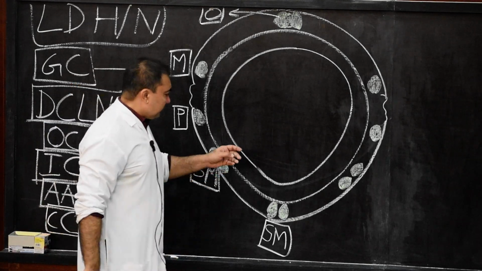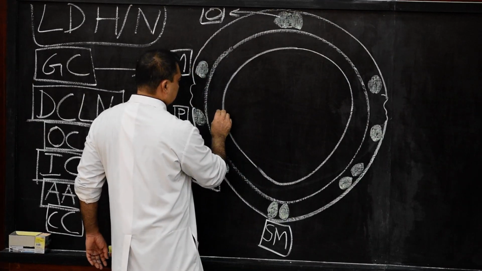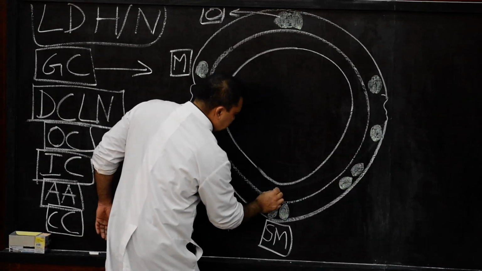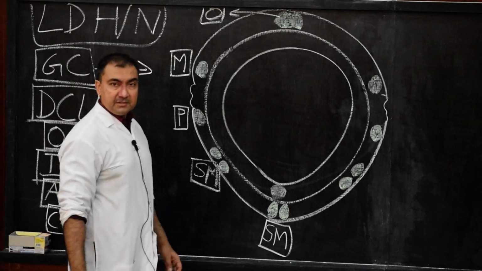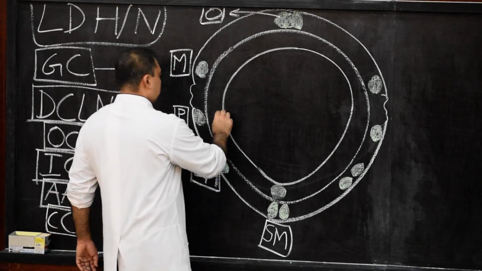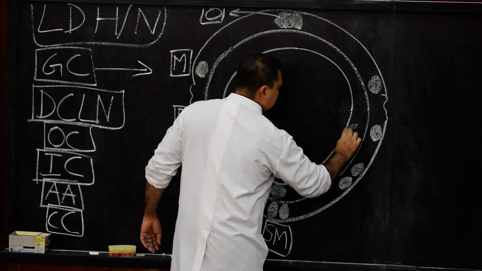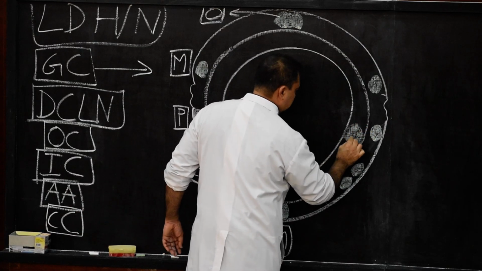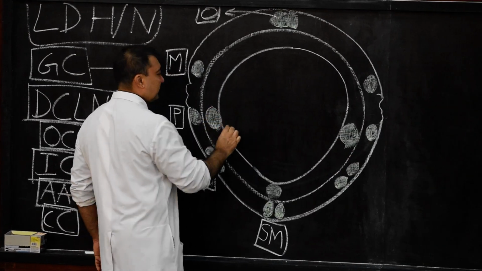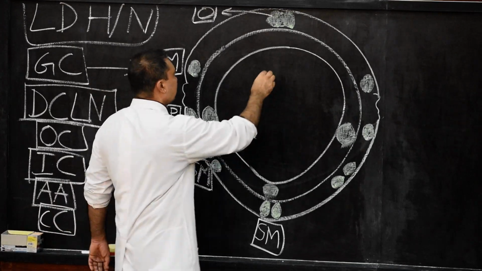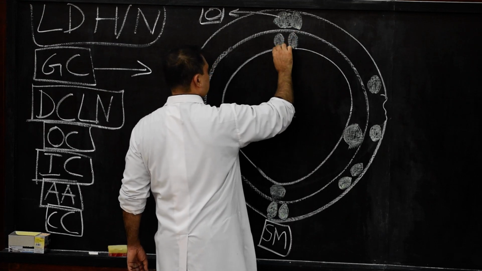We can start with the pre-laryngeal, that is pretracheal, pre-laryngeal. Then on the sides we can show the paratracheal group of lymph nodes, and here the retropharyngeal group of lymph nodes.